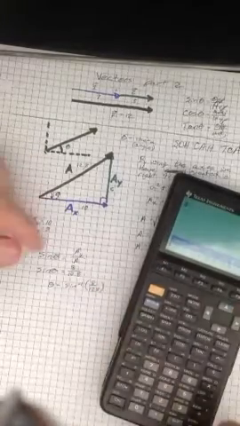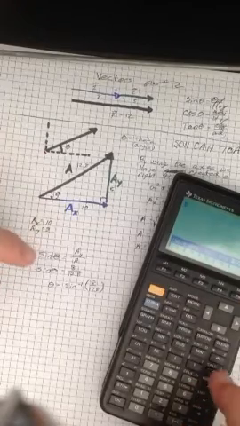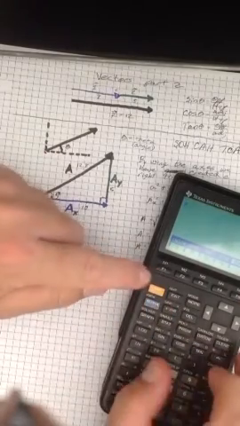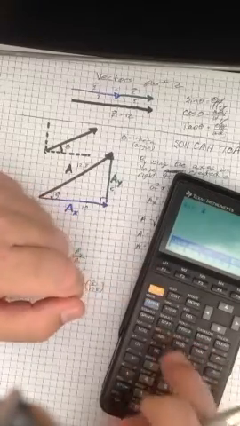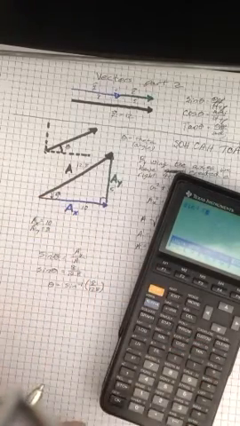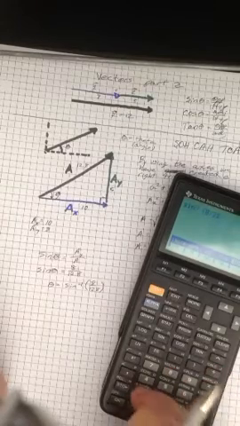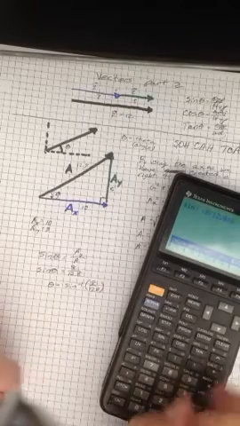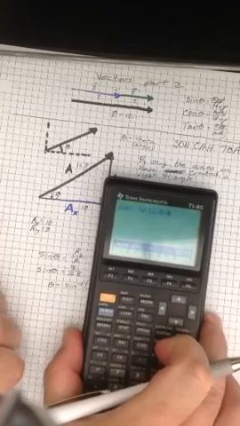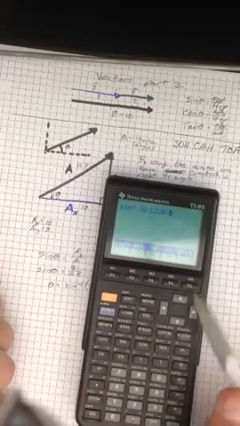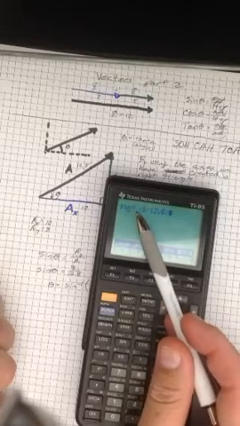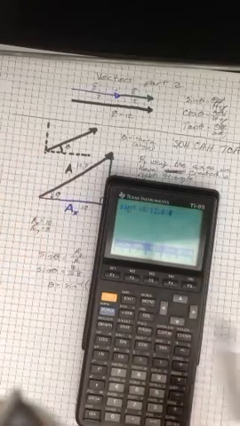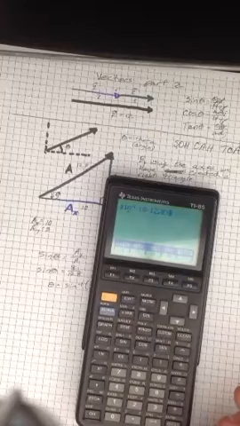When I plug this into my calculator, I say second function, sine, and then I put in my parentheses, 8 divided by 12.8, and then close my parentheses. So you can see it all right there. The sine function here is telling me that I am not looking at what sine theta is, I'm looking at theta.